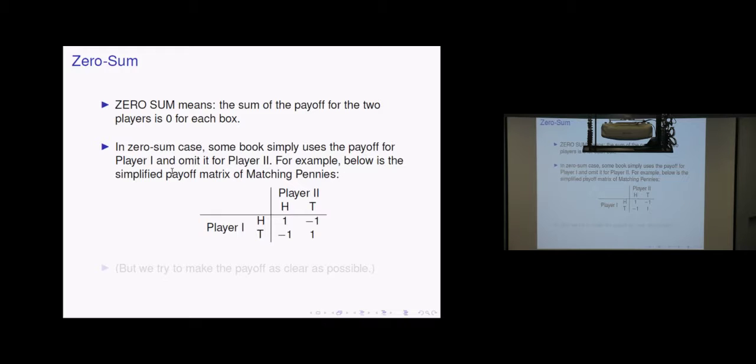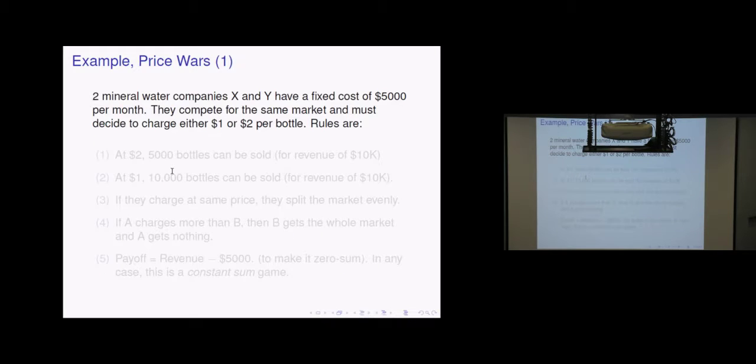So it looks more like a matrix. Some of you may say that this is ambiguous, but if necessary, we'll write the full matrix. So let's look at some examples of these zero-sum games.